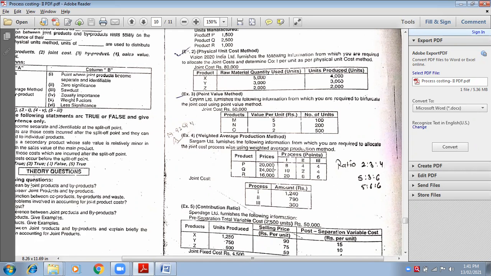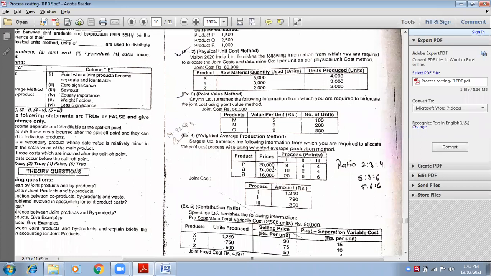So first table, you will be calculating the amounts by multiplying per unit into number of units. You will get amounts. All the amounts have to be added for process 1, 2 and 3. You will get the ratio with the help of those amounts.